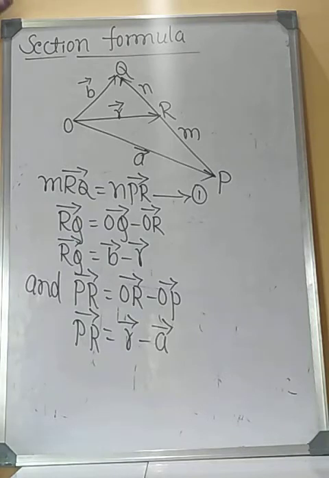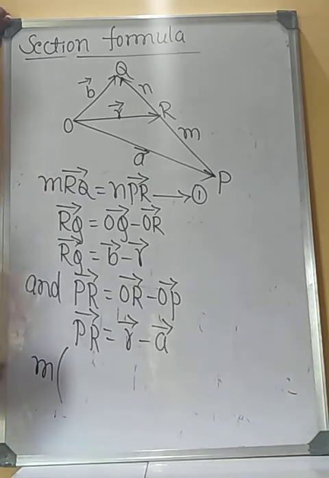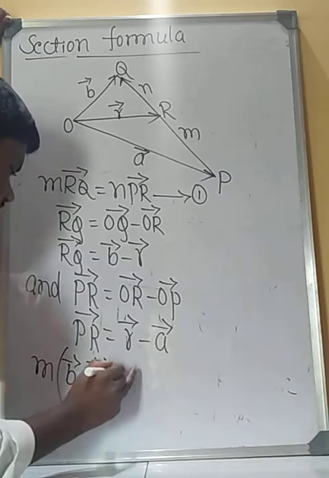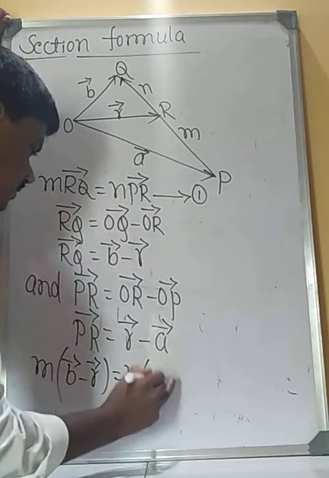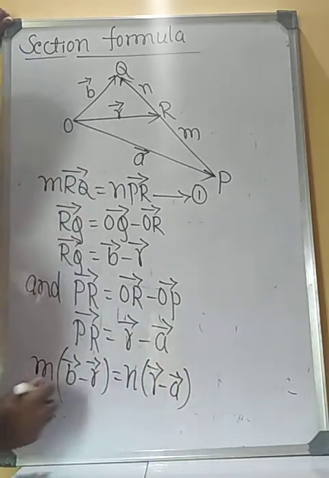So substitute RQ vector and PR vector in equation number 1. Equation 1 becomes M into (vector B minus R) is equal to N into (vector R minus vector A).